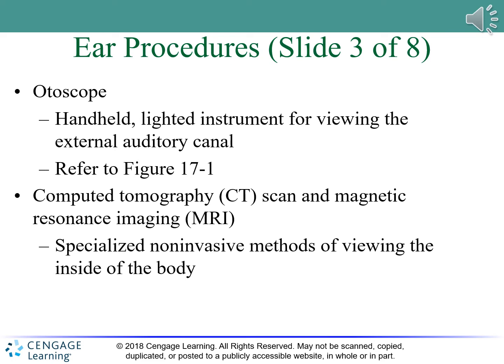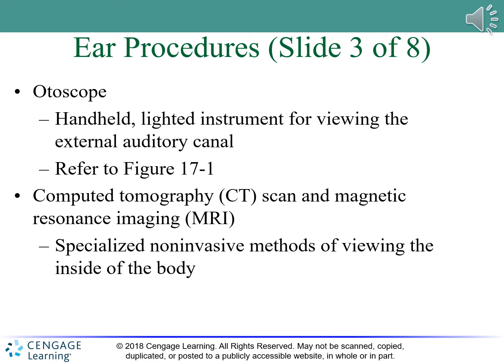All right, next paragraph. Computed tomography or CT scans, also known as computed axial tomography or CAT scans, and magnetic resonance imaging or MRI are two specialized non-invasive methods of viewing the inside of the body. CT scans are very accurate in defining bony structures. MRI more accurately defines the soft tissues.